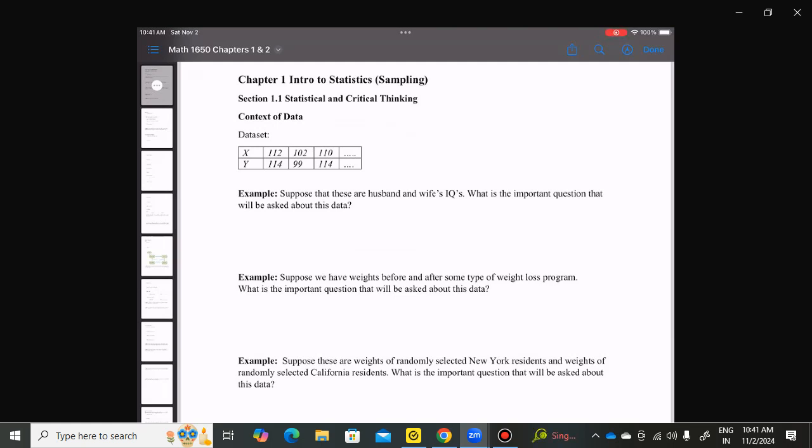So for instance, suppose these are husband and wife's IQ scores. We may want to know, is there a relationship or correlation between the data values?